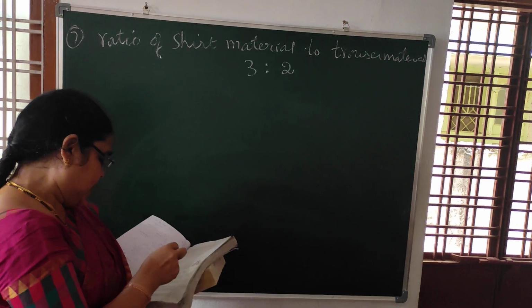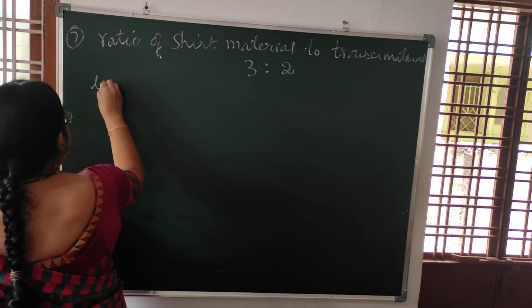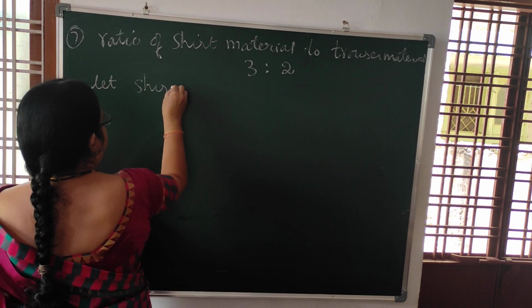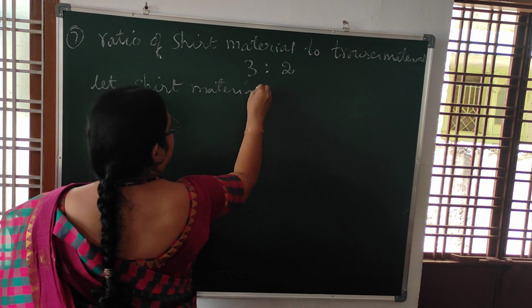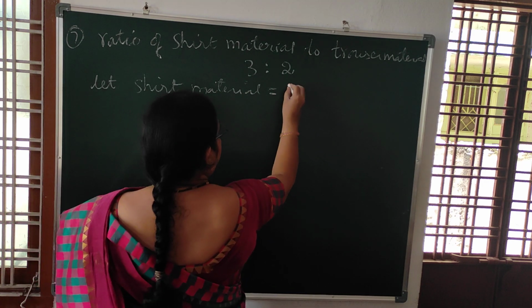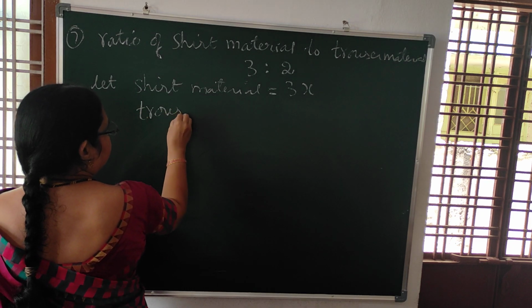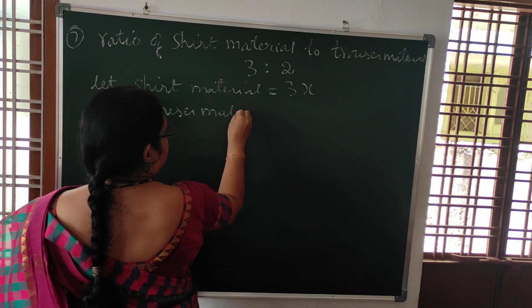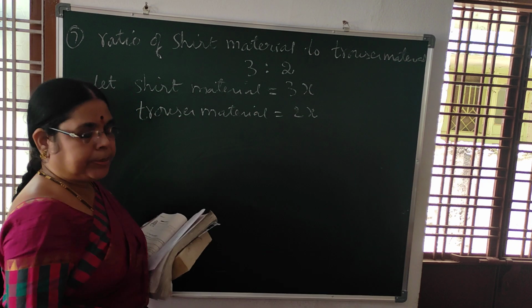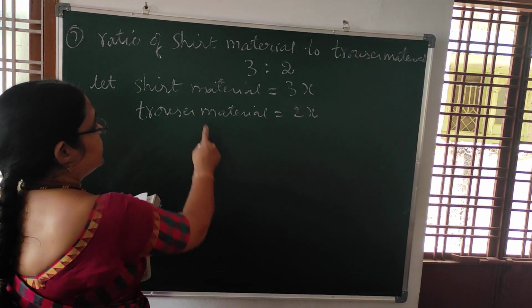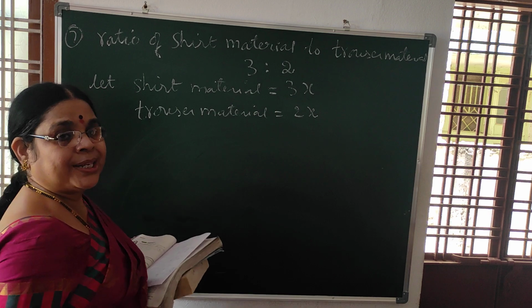So let the shirt material bought be 3x and the trouser material bought be 2x.